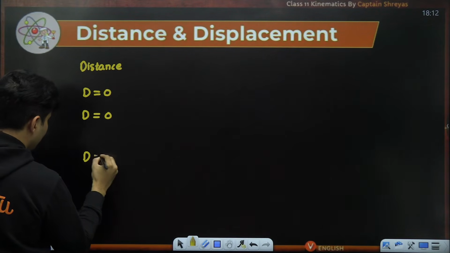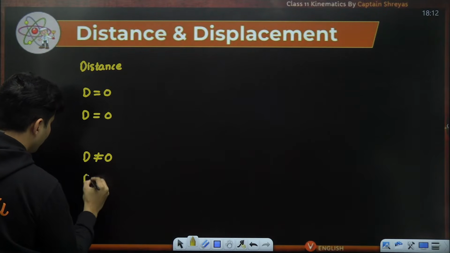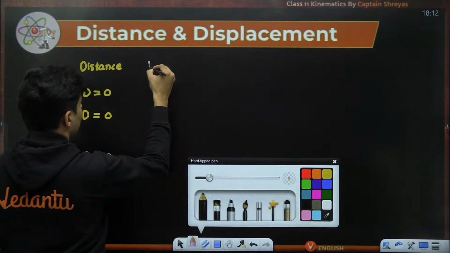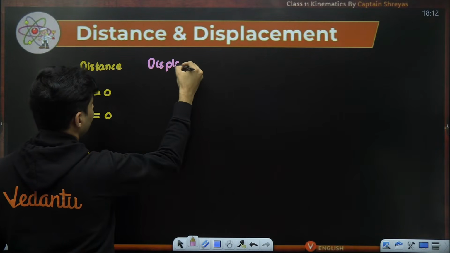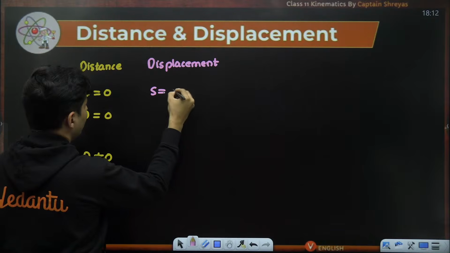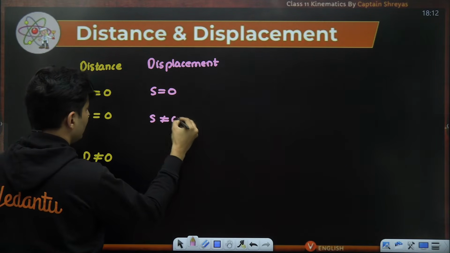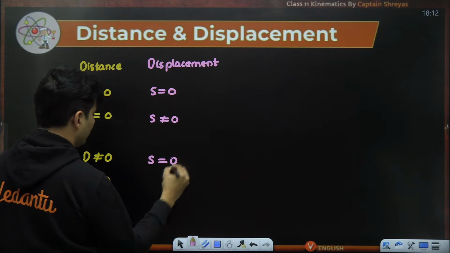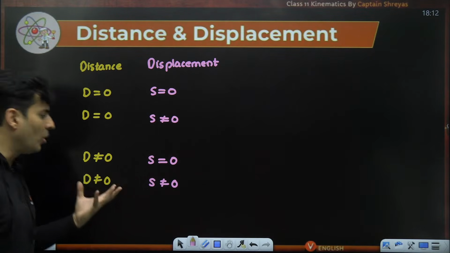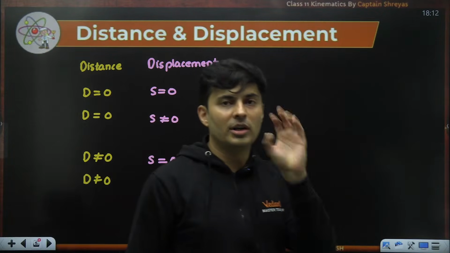And in the second scenario, there is some distance that you have traveled. And the corresponding options for displacement: let's say here displacement is 0, here displacement is not 0, here displacement is 0, here displacement is not 0. Which of them are possible? Which of them are not possible?